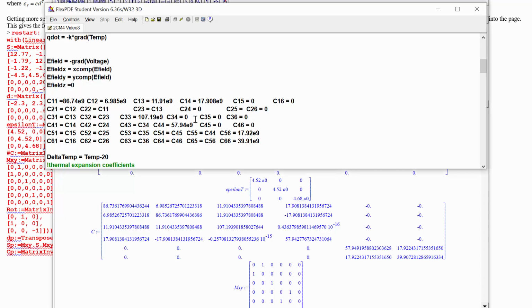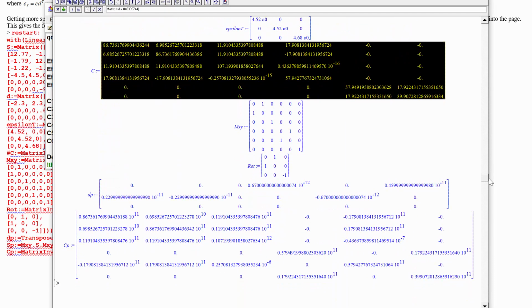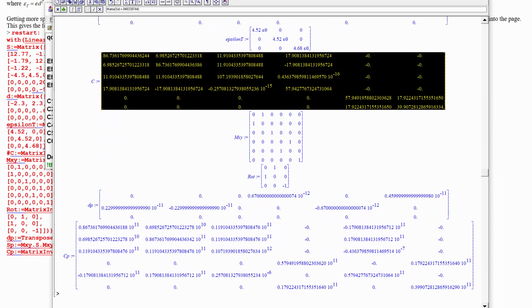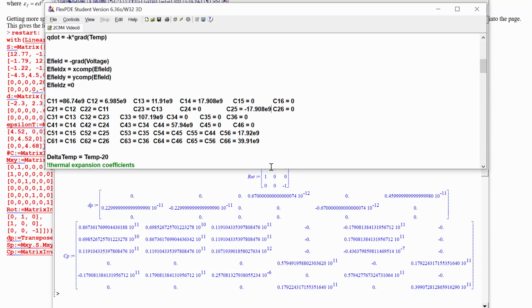Quartz actually should have had this negative 17 E9 over in the 2,4 component, not in the 2,5 component. Anyway, now that we've moved to a new transformed version, it actually is supposed to be over in the 2,5 component, but it's supposed to be positive instead of negative. Now in the 1,5 is where we end up with the negative version of that.